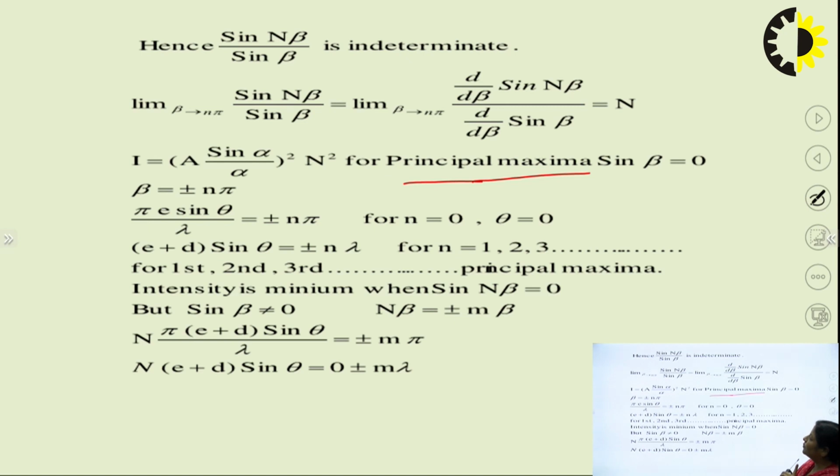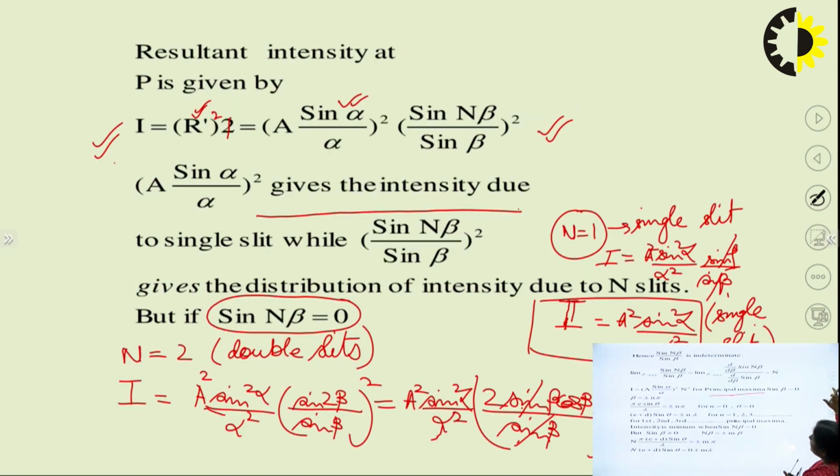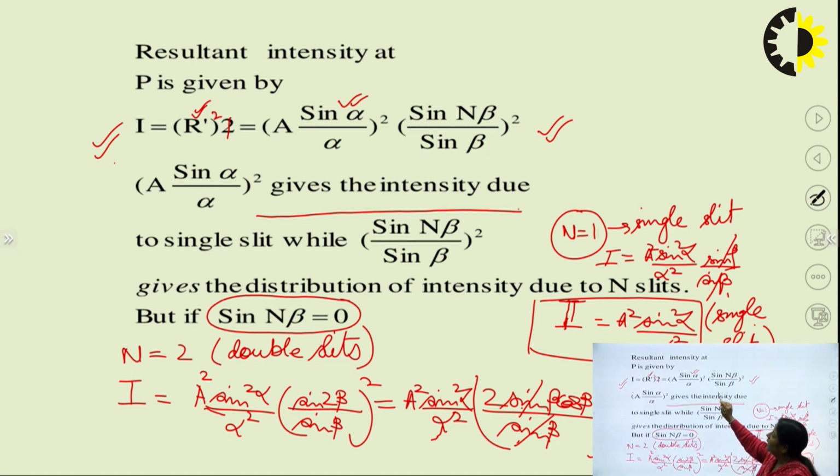So to find out these positions, we must look at the expression of intensity, at this term sine n beta by sine beta, and we must understand what will happen to the value of beta so that the intensity is maximum. One suggestion can be that this sine beta must have the minimum value, or this sine beta must vanish. In that case, intensity will become maximum and we will be able to study the position of principal maxima.